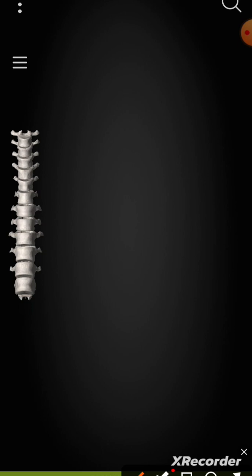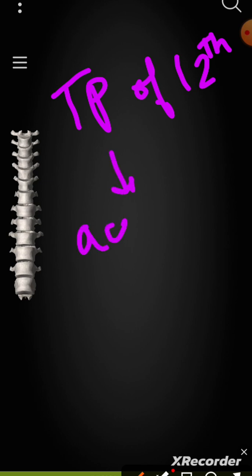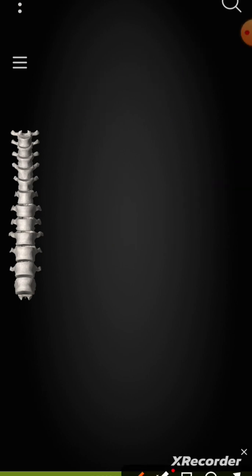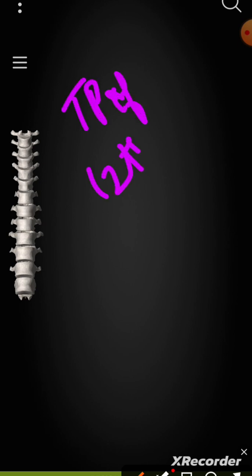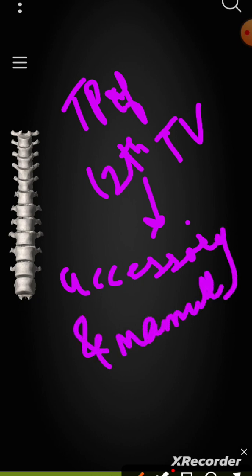Now the transverse process of the 12th thoracic vertebra has, on the posterior surface, an accessory process and a mammillary process.